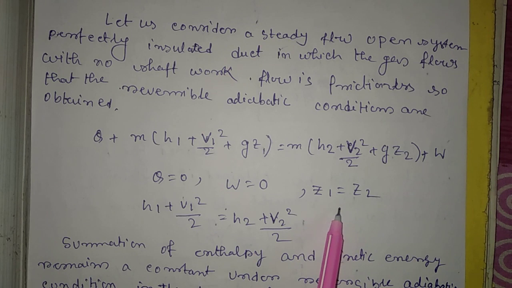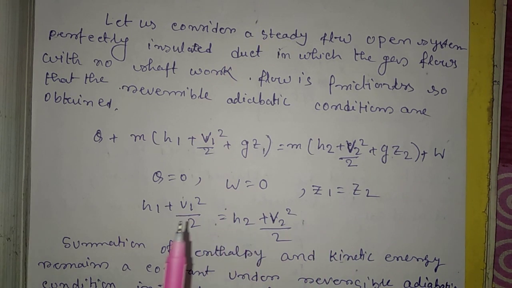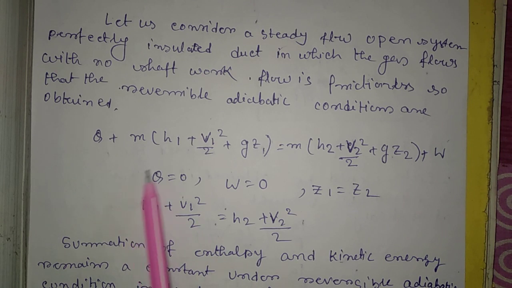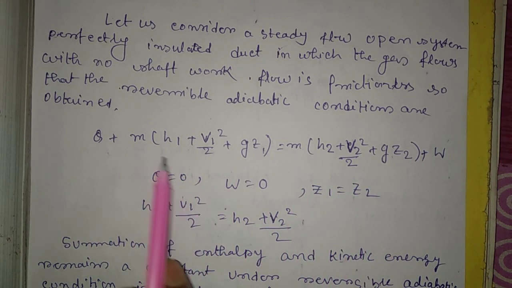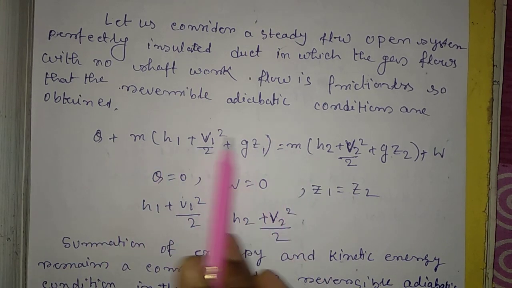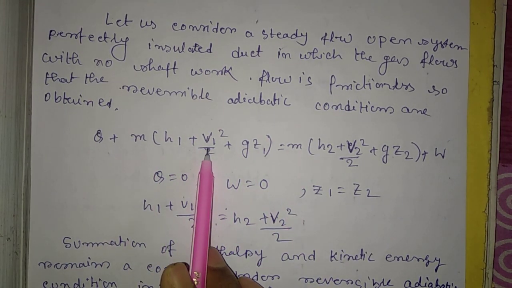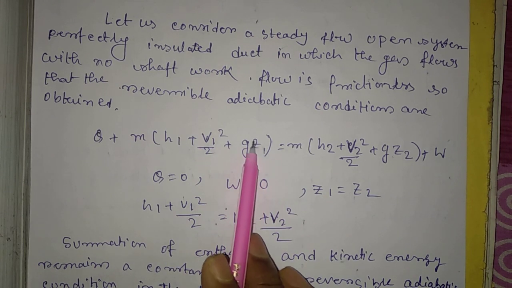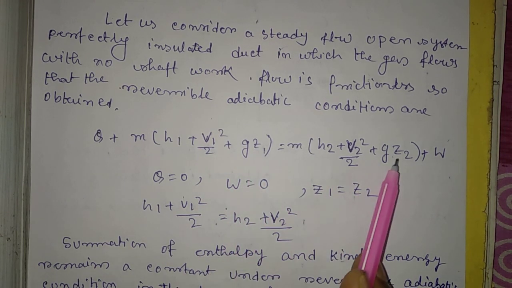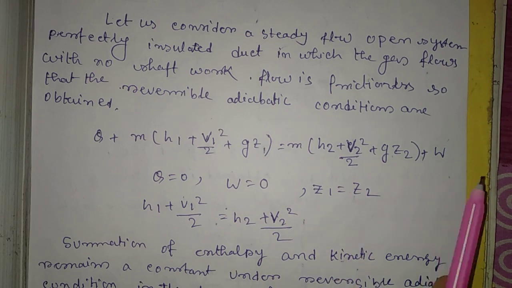And Z1 is equal to Z2 when the fluid flows through a horizontal duct, so obviously the height of the fluid flow from the reference line will be the same. With all of these criteria, Q is 0, the mass flow rates are the same, and gz1 and gz2 cancel, and W is equal to 0.